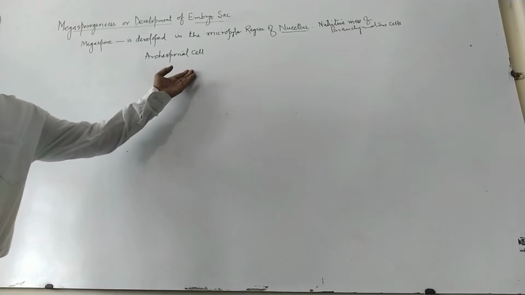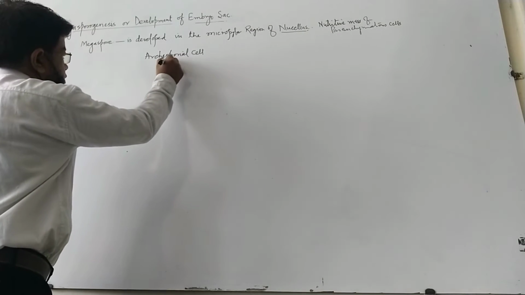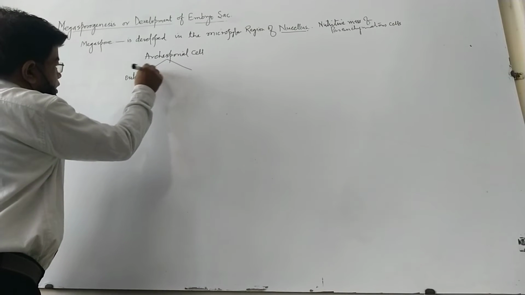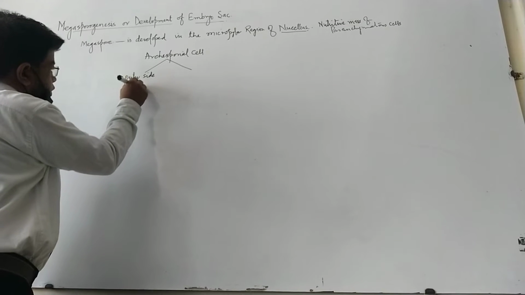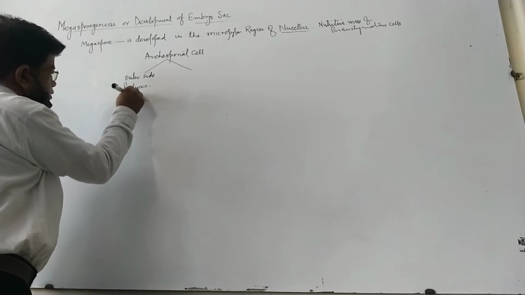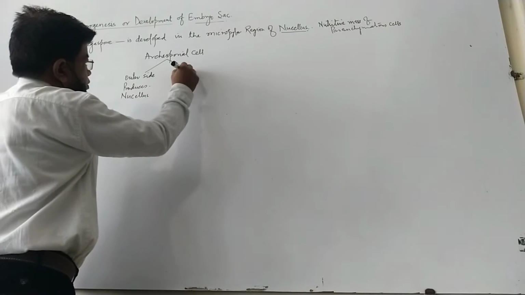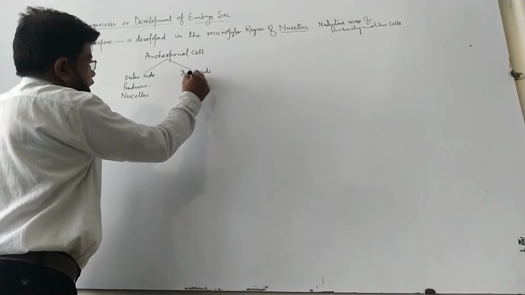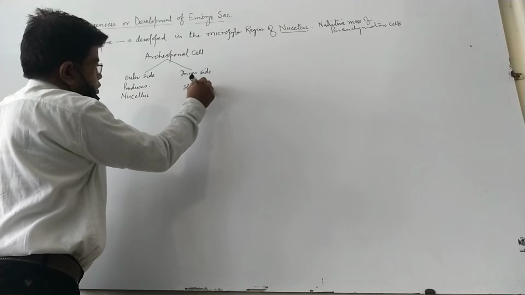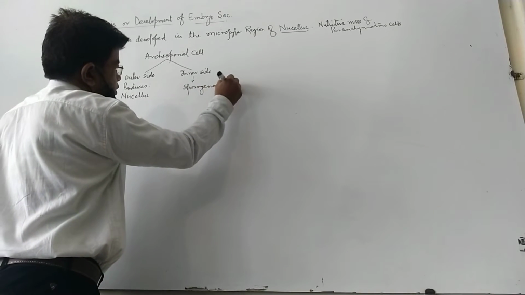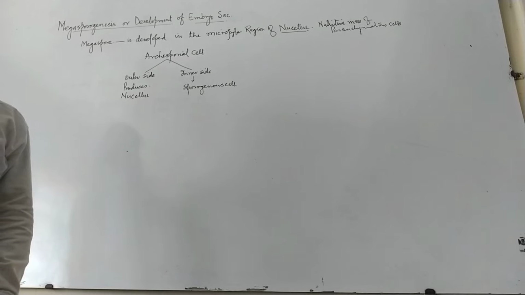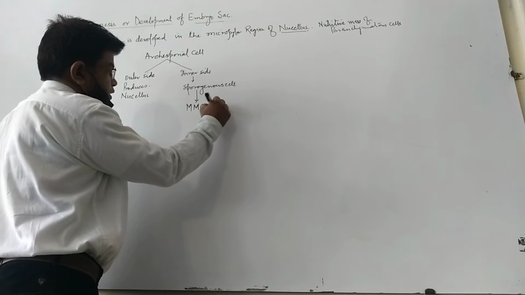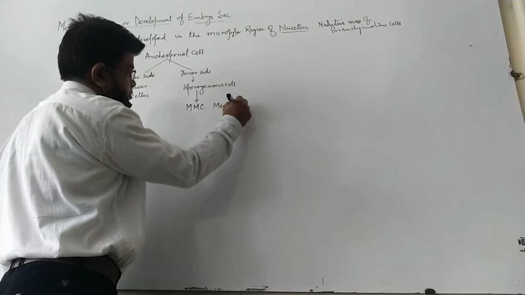This archesporial cell divides towards the outer side, which produces nucellus, and on the inner side the archesporial cells develop sporogenous cells. These sporogenous cells produce the MMC, that is, the megaspore mother cell.